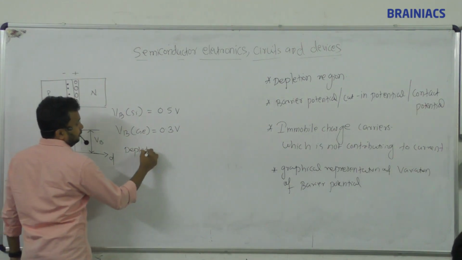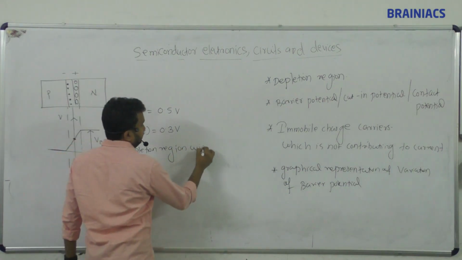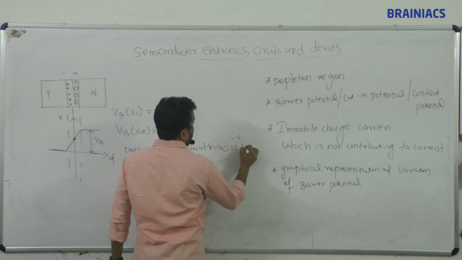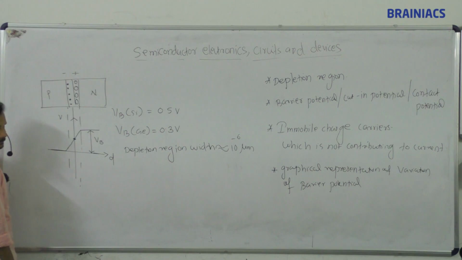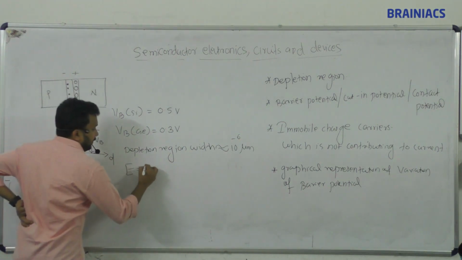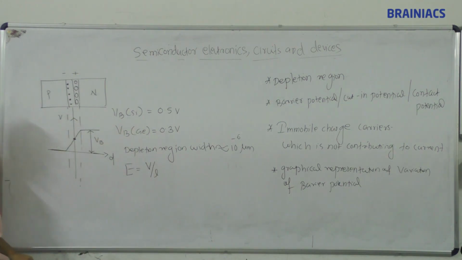Depletion region width, standard value 10 power minus 6 micrometer. Then electric field is equal to V by length, or V by D, correct?